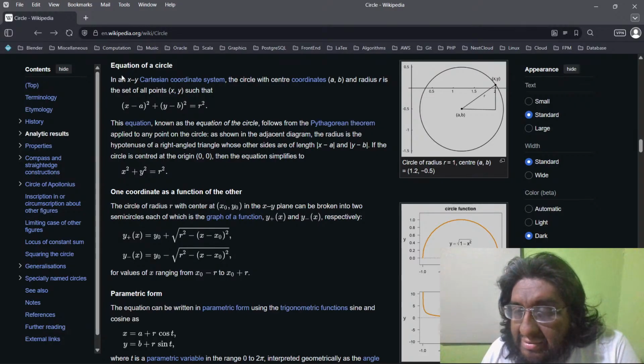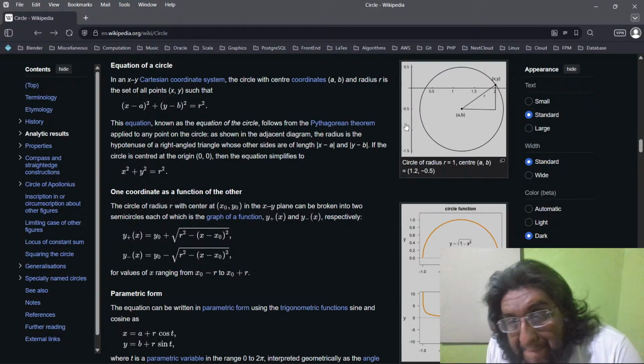Where there is a triangle. And look at this, this looks promising.